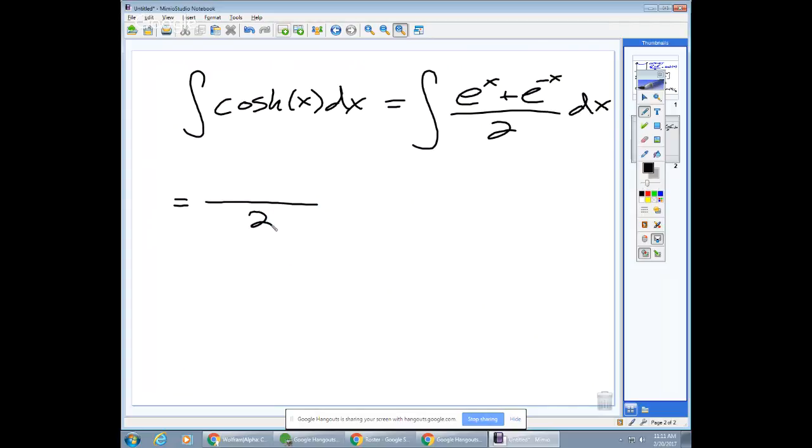The antiderivative for e to the x is e to the x. The antiderivative for e to the negative x is negative e to the negative x. And then we have that pesky plus C that hangs around because we don't have boundaries. So the antiderivative for the hyperbolic cosine is the hyperbolic sine, or the sinh.